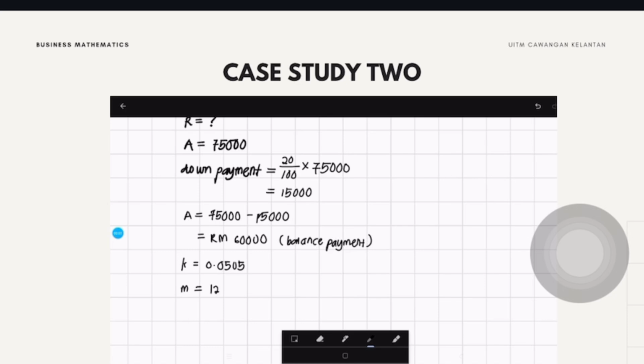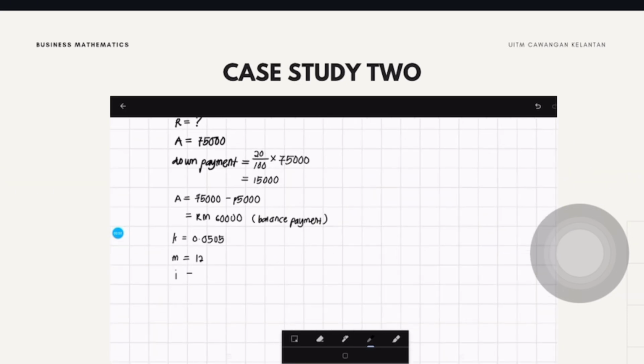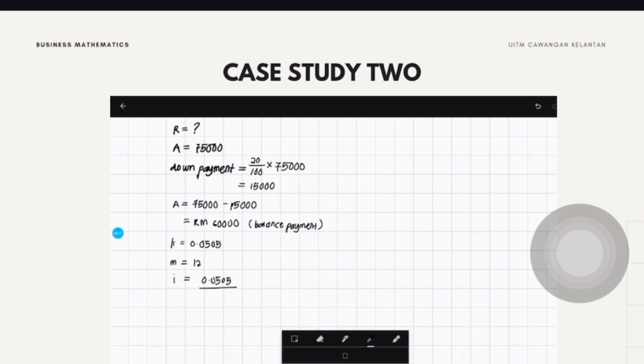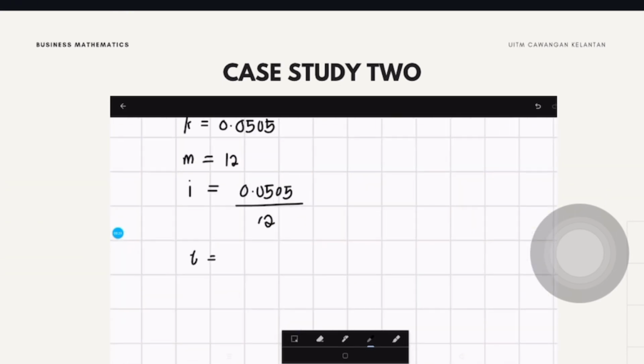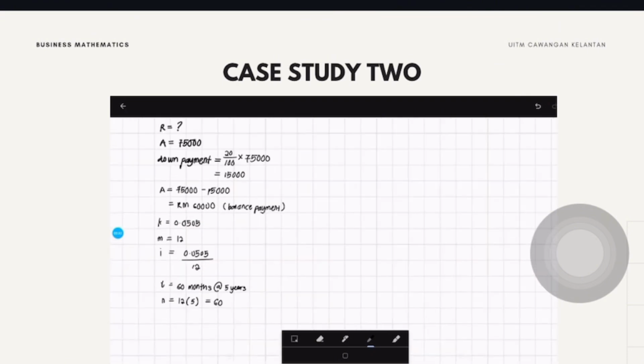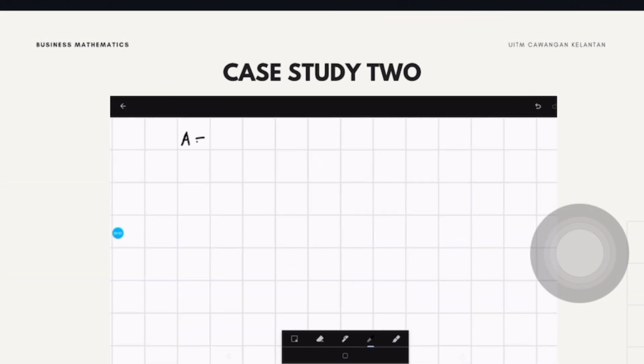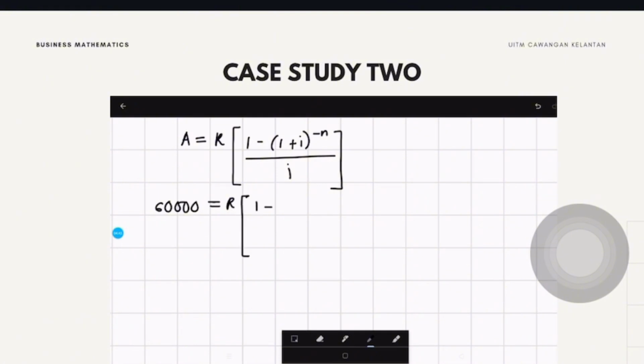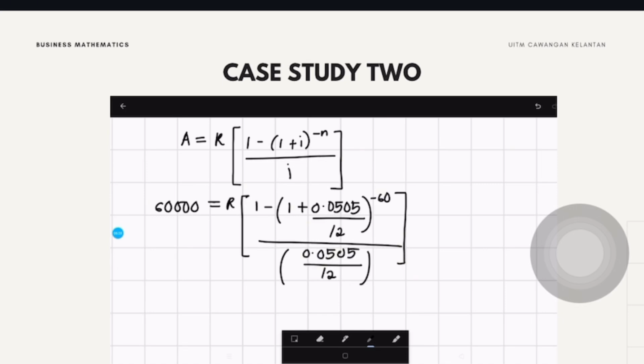Now K is 0.0505, M is 12, I is 0.0505 over 12, T is 60 months or 5 years, and N is 60. We also use the present value formula for this question, which is 60,000 equals R times 1 minus 1 plus 0.0505 over 12 to the power of negative 60 over 0.0505 over 12.